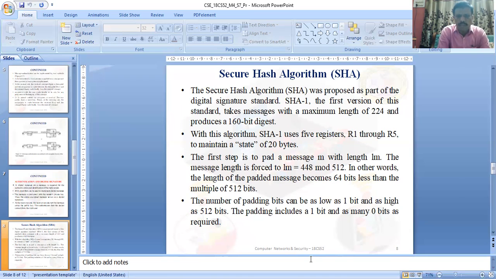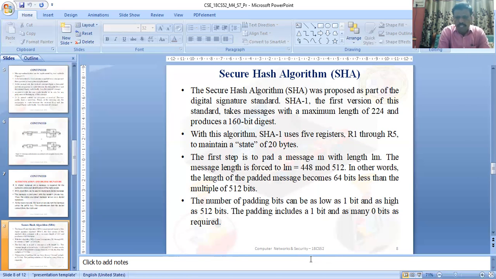The first step is to pad the message with a length of LM, so the length is padded to 448 mod 512. In other words, the length of the padded message becomes 64 bits less than a multiple of 512.